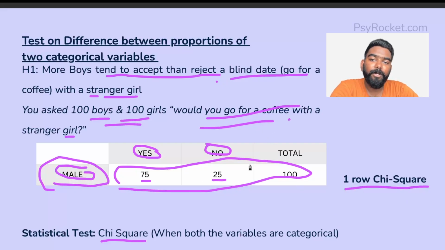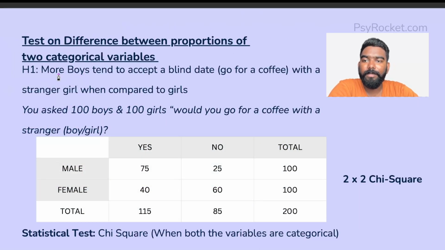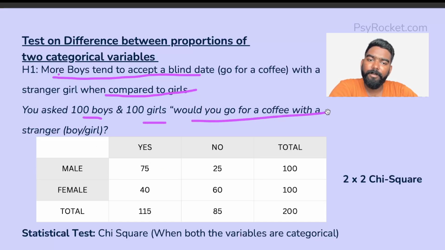Suppose you want to compare whether males will say more yes or girls will say more yes. In this case, my hypothesis is that more boys tend to accept a blind date with a stranger girl when compared to girls. Here, I would like to compare the results of boys with girls. You asked 100 boys and 100 girls whether they would go for a coffee with a stranger.